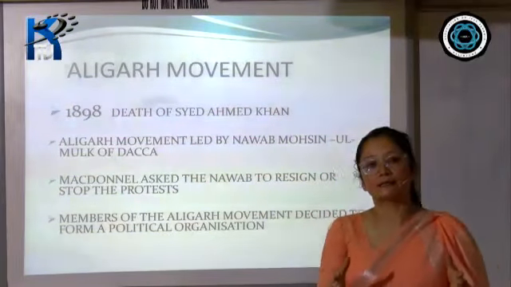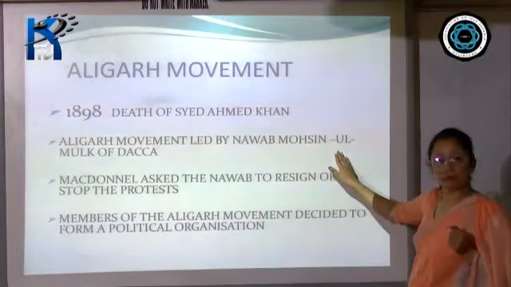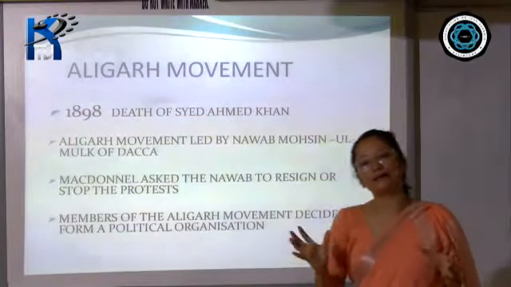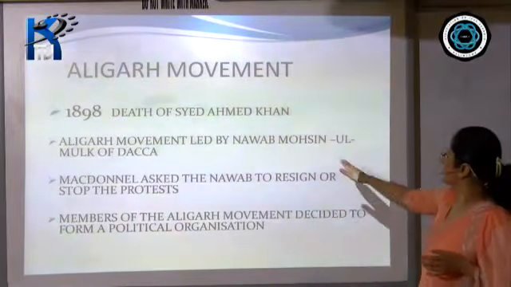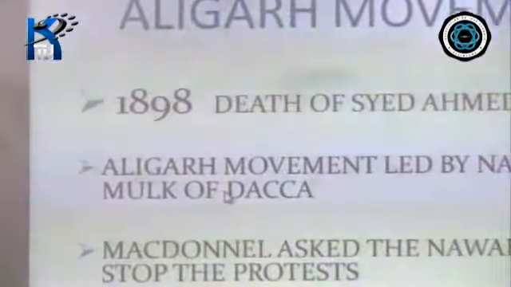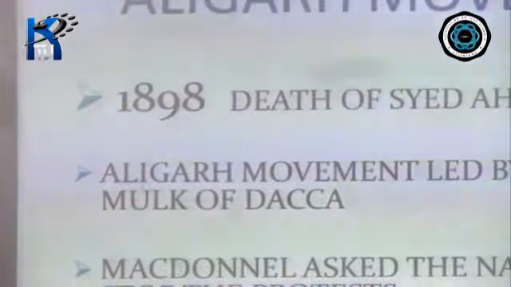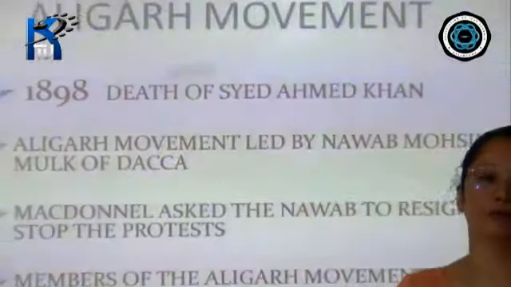So this responsibility fell into the hands of a Nawab, Nawab meaning a Raja, all right? And he was Mohsin ul Mulk of Dhaka. Special mention to Dhaka here because by that time, Bengal was already partitioned into West Bengal and East Bengal.